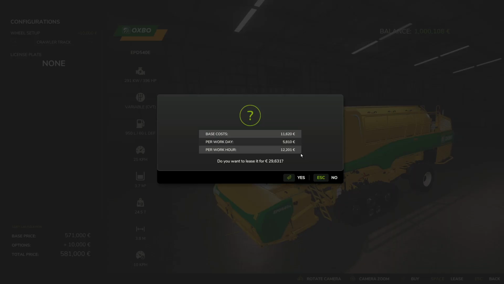So if you only have 1 hectare, you earn less money than you have to pay for this. And yeah, when you have all the yield bonus and play in easy mode and so, you might earn a little bit of money with this when you rented that. But yeah, the question is, is it worth it to buy the field, sow the peas, rent the machine, and then only make a little bit of money?